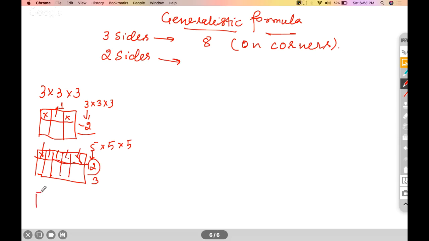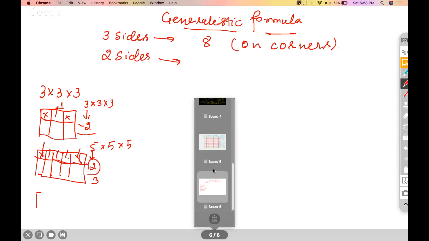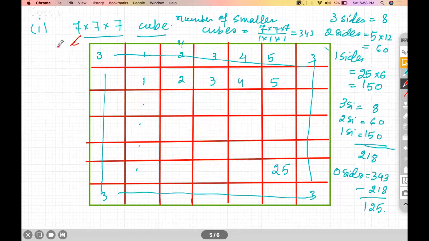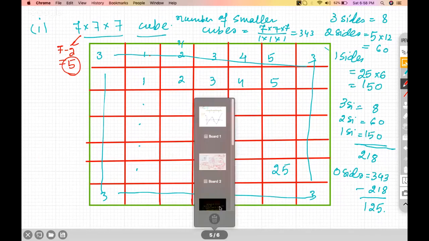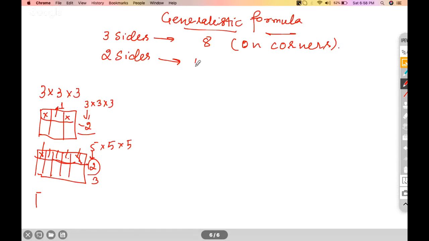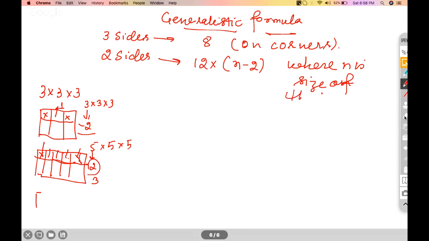If it was 7 into 7 into 7, 7 minus 2, I got 5. So from each side, it would be 12 into n minus 2, where n is the size of one edge of the cube.